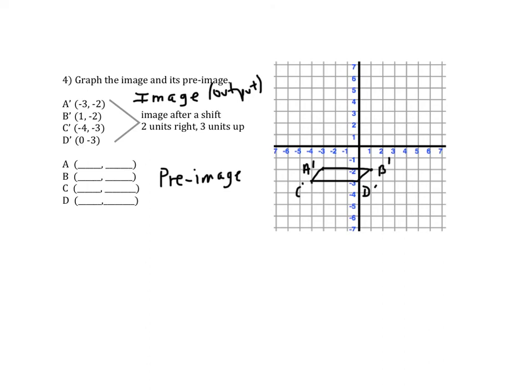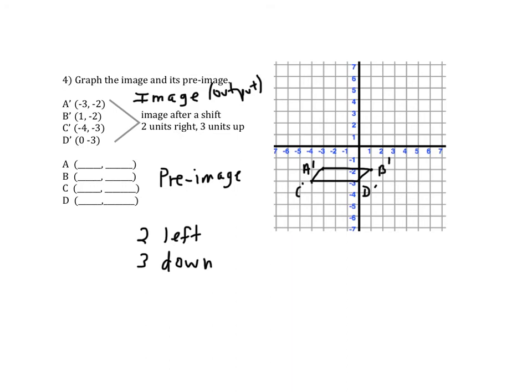Okay, it says that this result, this image, was created by a shift of 2 units right and 3 units up. So we want to reverse this. We want to go 2 to the left and 3 down. Again, we do the opposite to work backwards and find the pre-image. I'm going to do this in red.